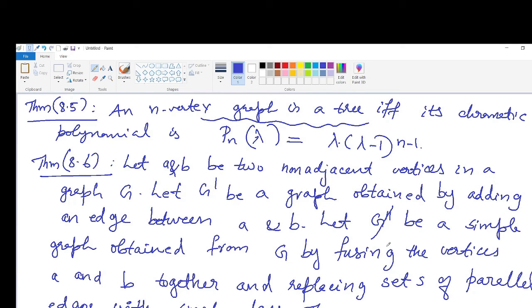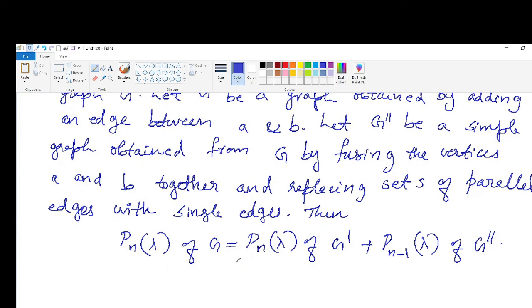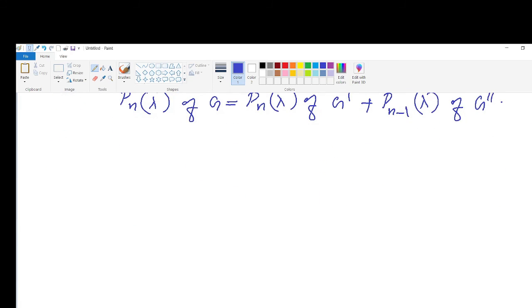Now G double dash is a simple graph obtained from G by fusing the vertices A and B together and replacing sets of parallel edges with single edges. Then Pn of lambda of G is the same as Pn of lambda of G dash plus Pn minus 1 lambda of G double dash. Now we can move to the proof of this theorem.